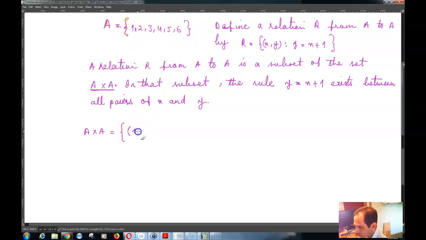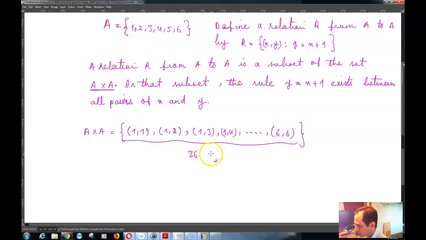For example, (1, 1), then (1, 2), then (1, 3), then (1, 4), and so on and so forth, all the way up to (6, 6). So you would get 36 ordered pairs in that set.